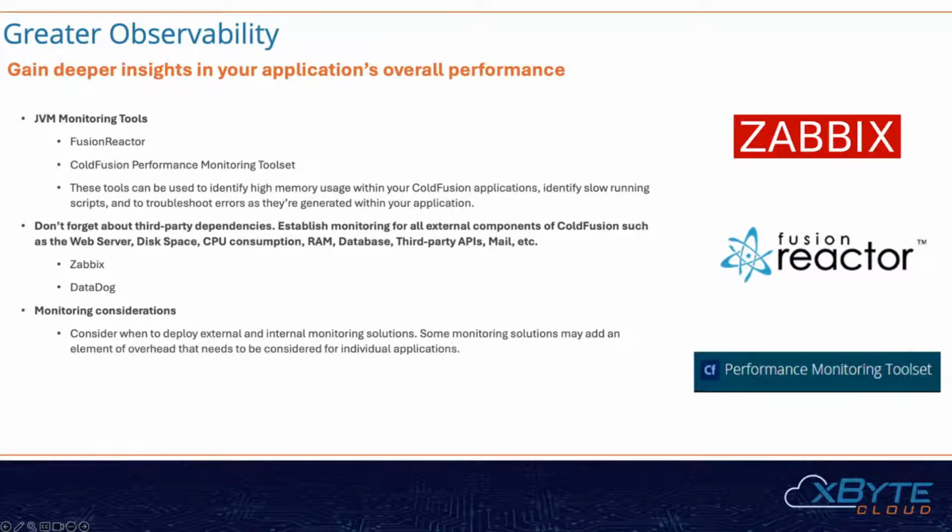So if the Zabbix agent, let's just say, can't keep up with the amount of requests and the amount of logs that are being generated, that could actually harm the server. So you'd want to use Zabbix to test from an external standpoint. What does an outside user look like? So just some considerations there. Use monitoring and observability tools to understand your application's performance, especially under a load test.